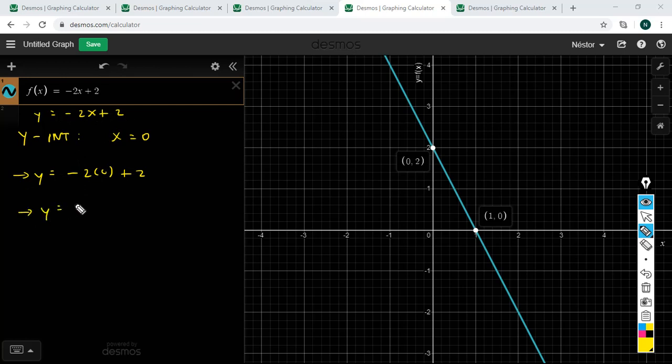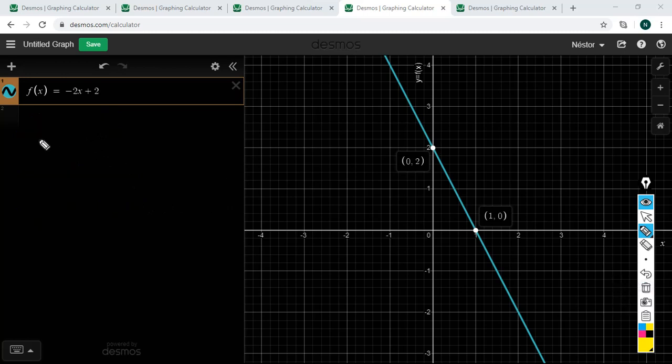Then y equals minus 2 times 0 is 0, plus 2 gives me 2. This is the y-intercept. Does this check with the graph? Yes. Can you see? This is the y-intercept, (0, 2). So you see the analysis is always correct.